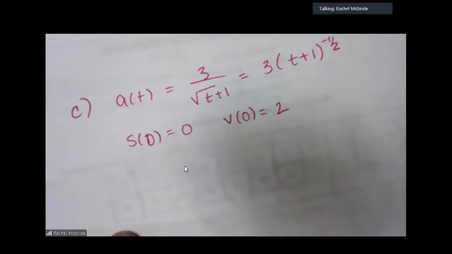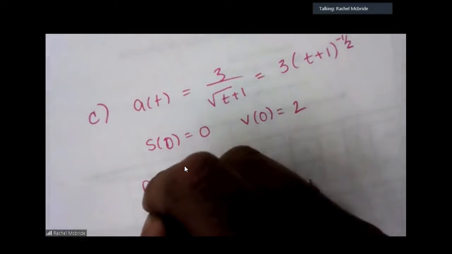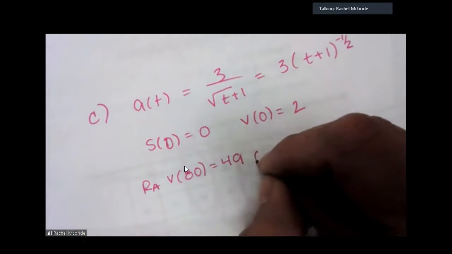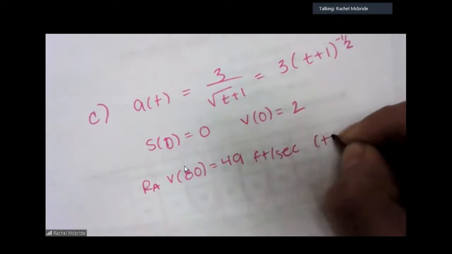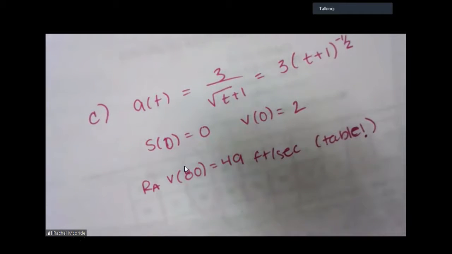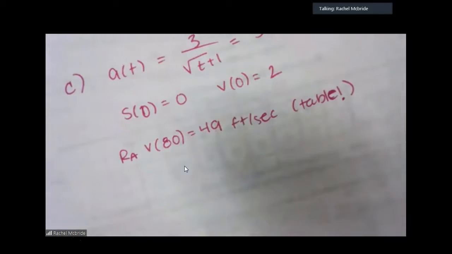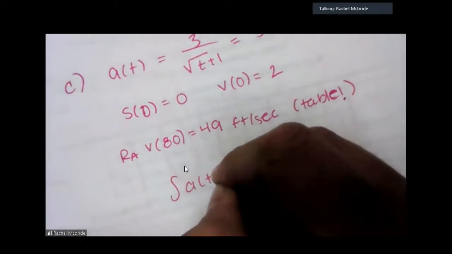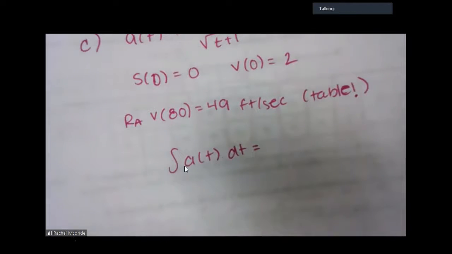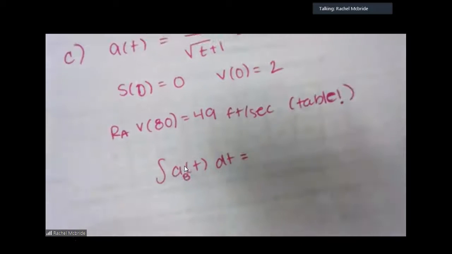It asks which of the two rockets is traveling faster at time 80. Rocket A had a velocity of 49 at 80, and we got that from our table. And then for rocket B's velocity at 80, you needed to find the integral of A of t dt to find velocity. So for rocket B, it's the antiderivative.